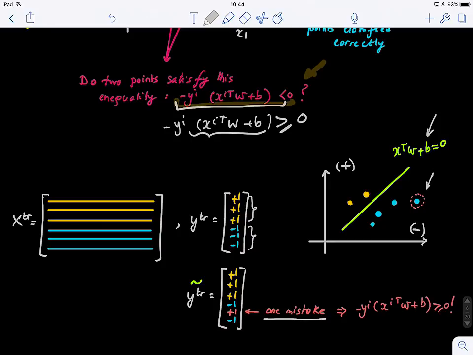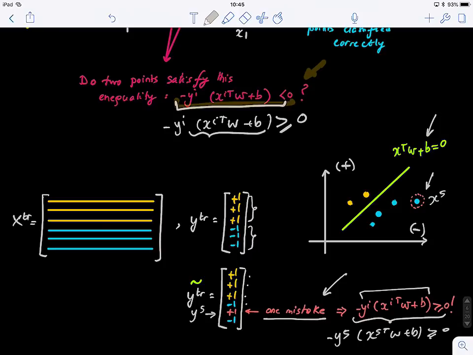This is, I think, 1, 2, 3, 4, 5, so this is y5 for sample 5. Sample 5 was misclassified. So the model has made one mistake, and we can detect it because if we compute this for this point, minus y5 x5 transpose w plus b, we'll find it is positive or equal to 0.